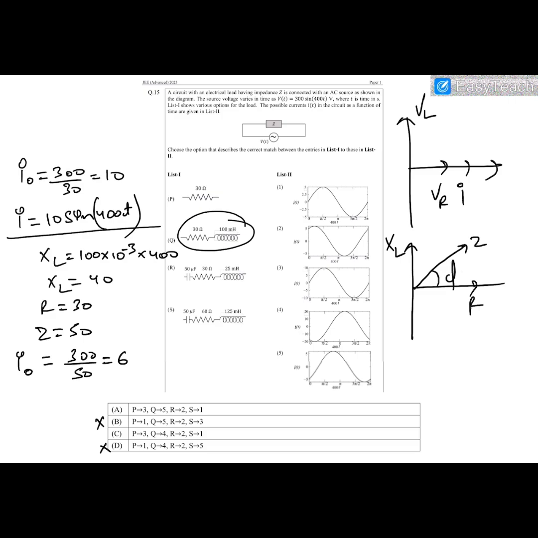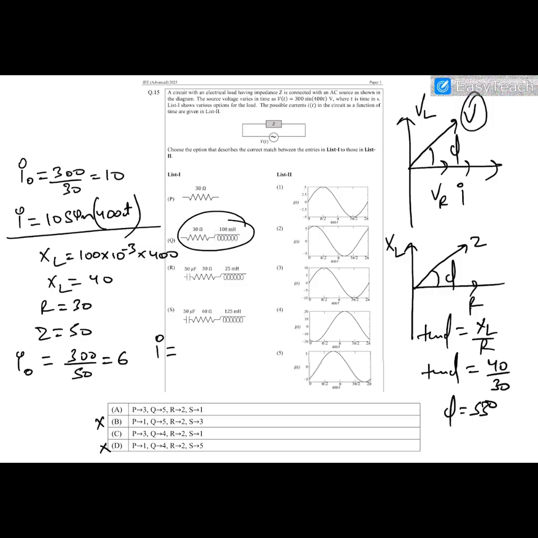This angle is phi, and therefore the voltage will be making an angle of phi with the current. So tan phi will be equal to XL by R, where XL is 40 and R is 30, so phi is 53. So net voltage will be ahead of current by 53 degrees and current will be behind.